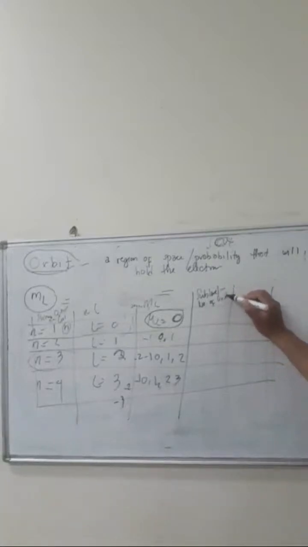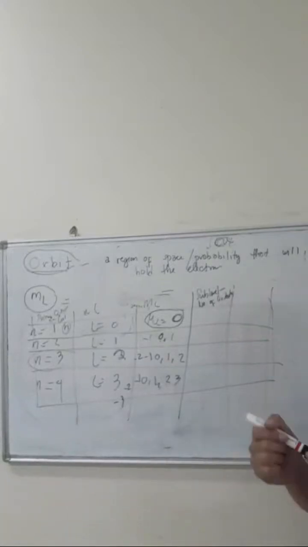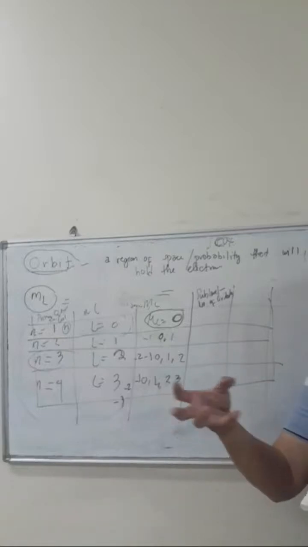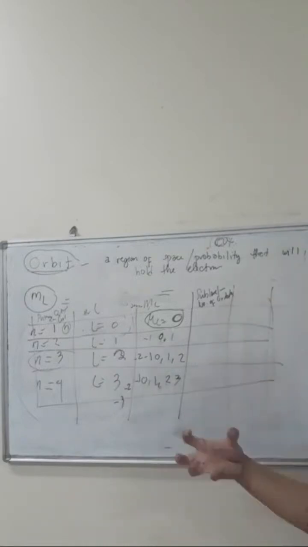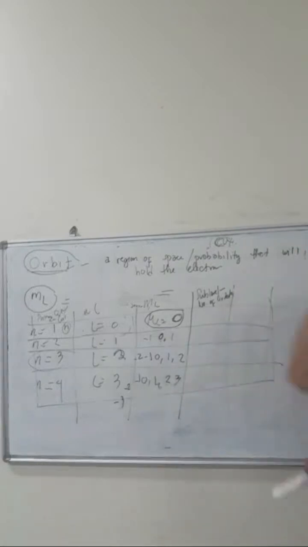This is the philosophy why our teachers always say S orbital, P orbital, D orbital. But this is not really the orbital. That would mean how many orbitals in each sublevel S, P, D, F. The S is not an orbital. That is only the title because there are a lot of orbitals there.